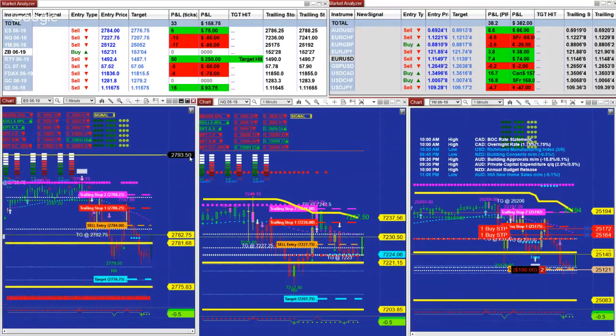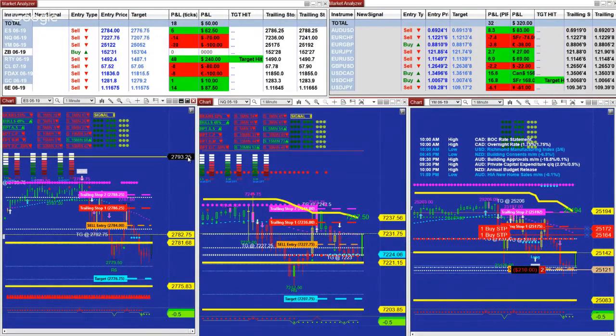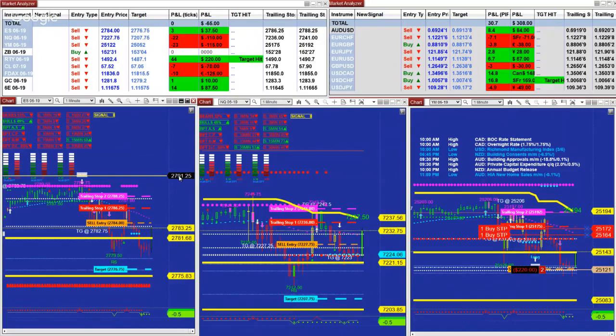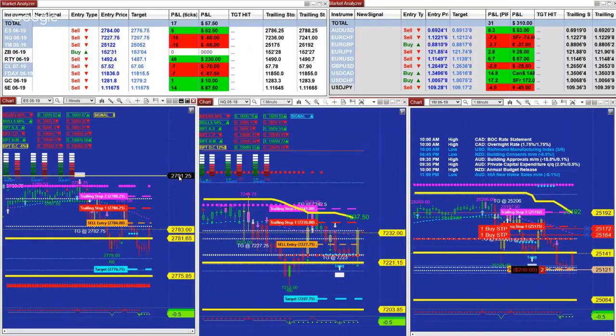Anyway, today I have changed the monitor resolution here. I think it's a much clearer way to see the charts.